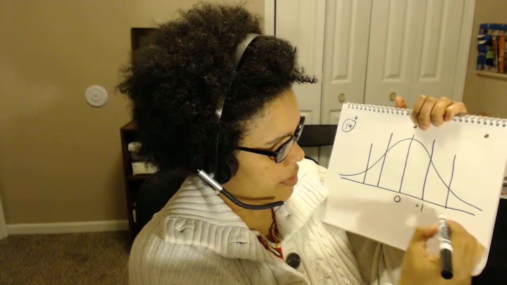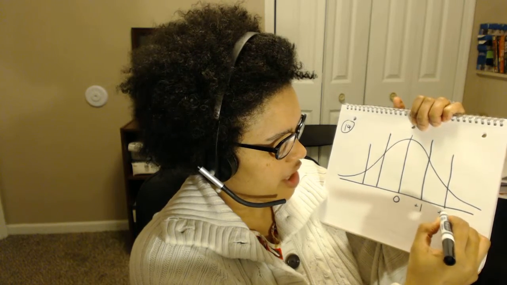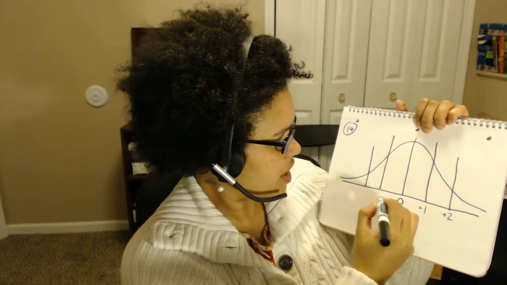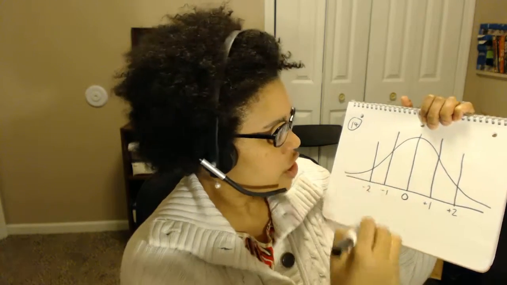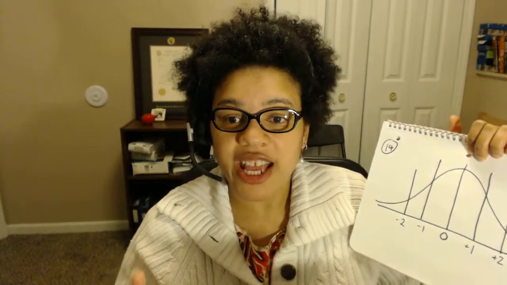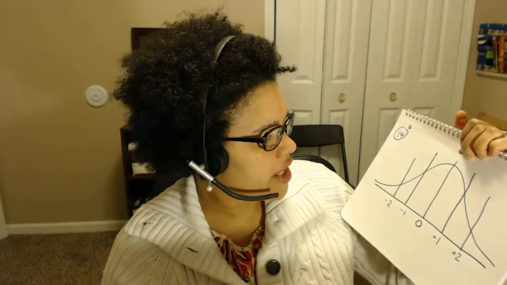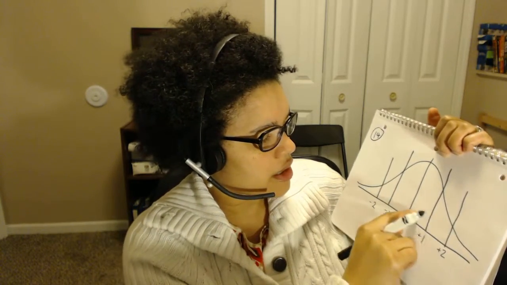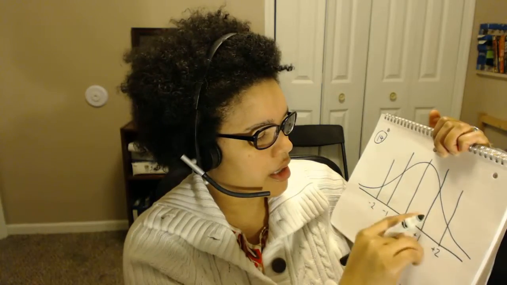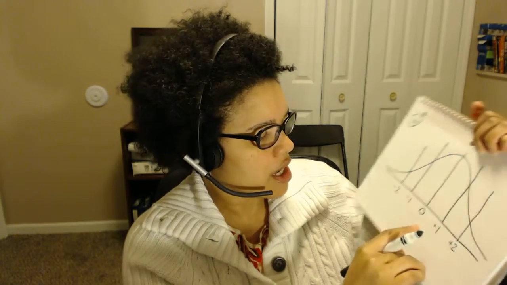Okay. Plus 1 standard deviation, plus 2 standard deviations, minus 1 standard deviation, minus 2 standard deviations. But the question is asking us about percentages. Now, let's see. I know that 34%, and then another like 14%, right?